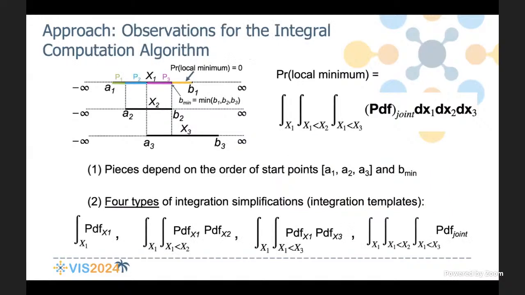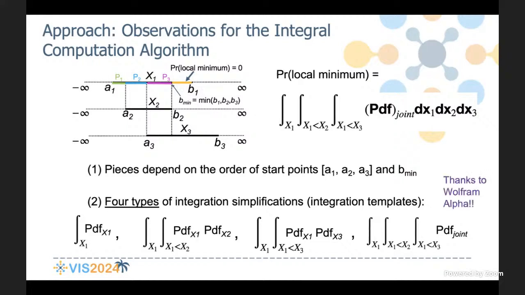And if we look holistically at this problem, there are only two observations that we made. So pieces depend on the start points of the intervals, which are a1, a2, a3, and this minimum of b1, b2, b3. And this triple integral simplifies to only four types of integration types, which we call integral templates.